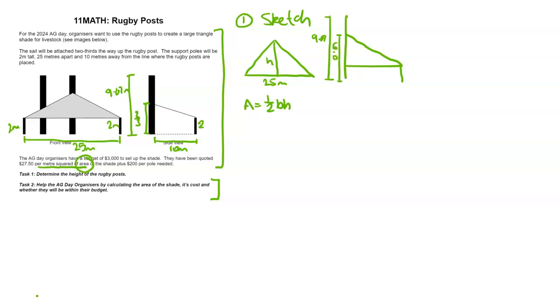So 6.04. Forgive me, that was rounded to 2 decimal points, which means, and this diagram is going to get a bit messy, that this number here, and that's because the poles, don't forget, are 2 meters tall, is going to be 4.04 meters tall. So you can see the triangle in here, 4.04 meters tall. I know the bottom of my triangle is 10 because we already had that information, 10 meters away from the rugby posts.